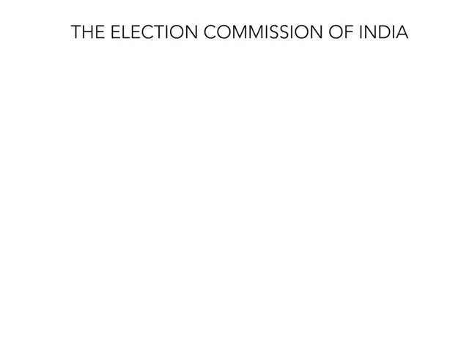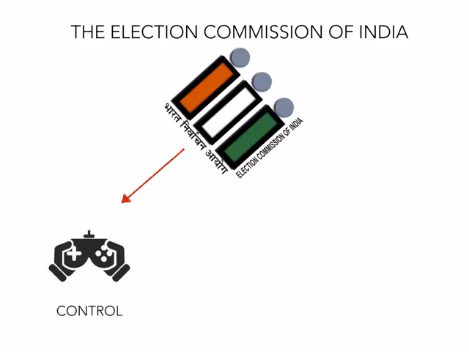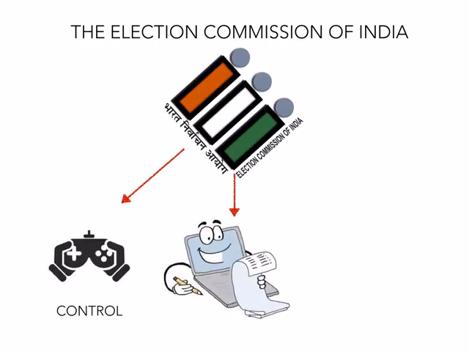The Election Commission of India. The Constitution of India provides an Election Commission of India which is responsible for superintendence, direction and control of all elections. The Election Commission is responsible for conducting elections to both the houses of parliament and state legislatures and for the offices of president and vice president.